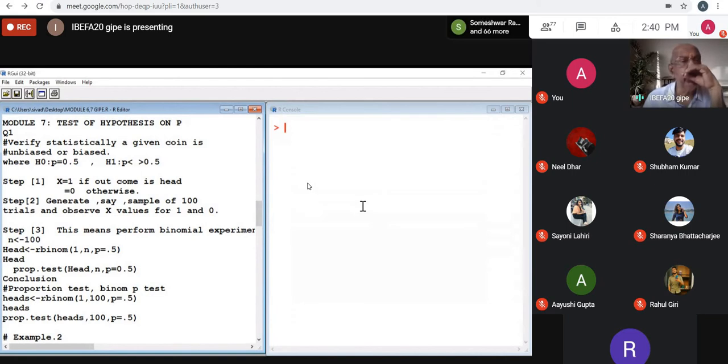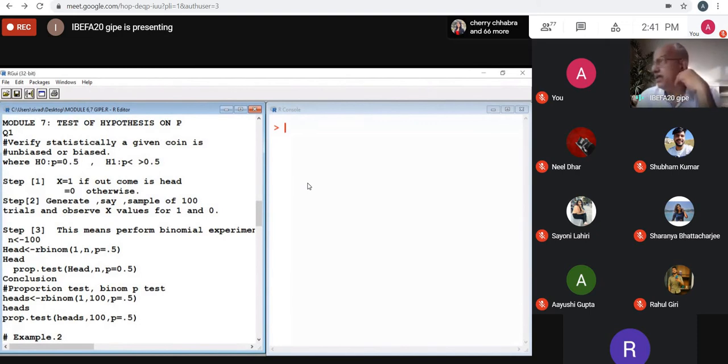So the hypothesis will be unbiased. That is, probability of getting head is 0.5. Probability of getting head is 1/2. Verify.